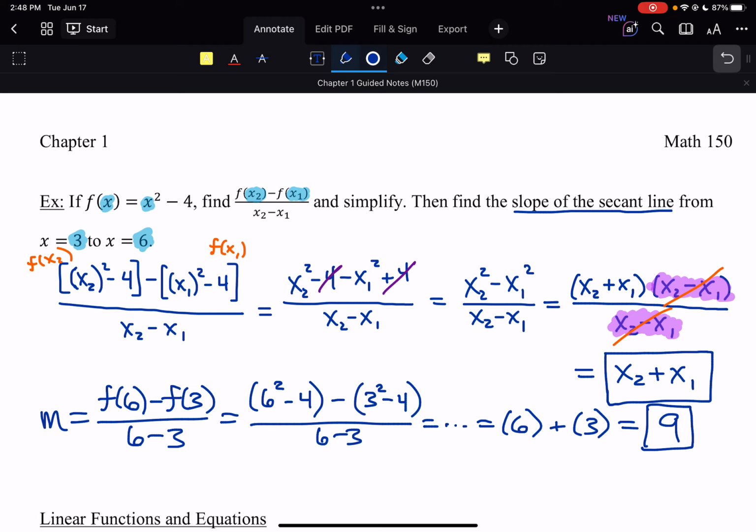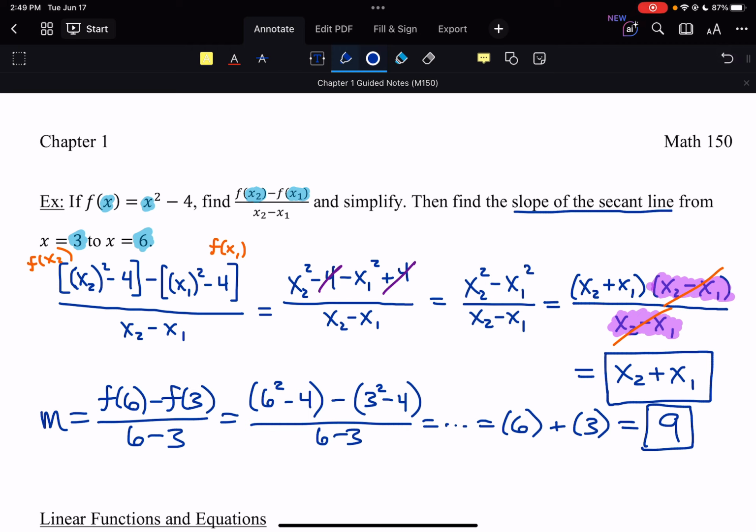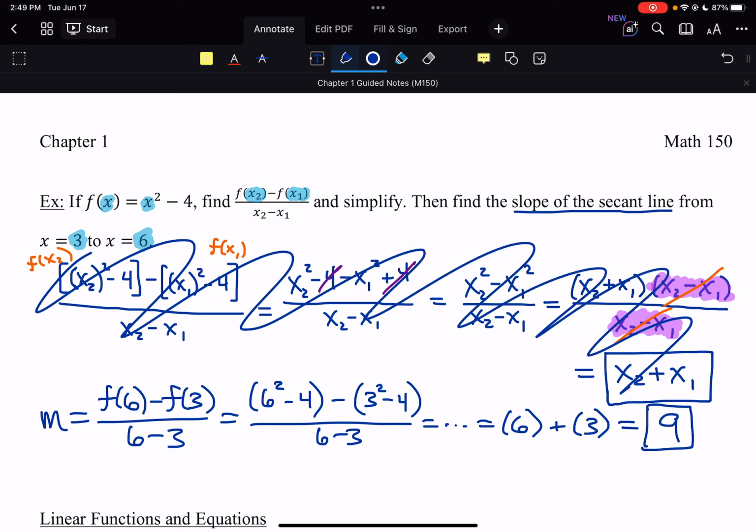So we know that the slope of the secant line from 3 to 6 along this function is 9. Okay, so it's a very steep function. And this is a parabola, right? This is a graph that looks something like this. So to go from 3 to 6, it's going to be something very, very steep as you draw that line. So this tracks with what we know about that function visually. But again, if we hadn't done any of this, you could absolutely still solve it like this and get the 9.